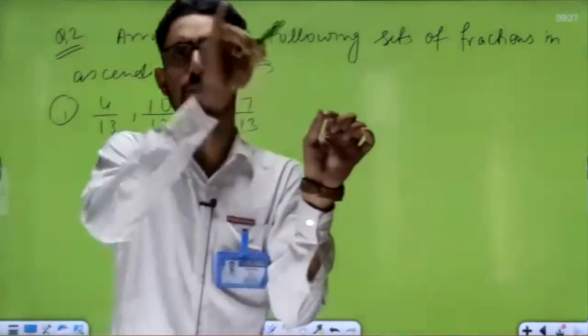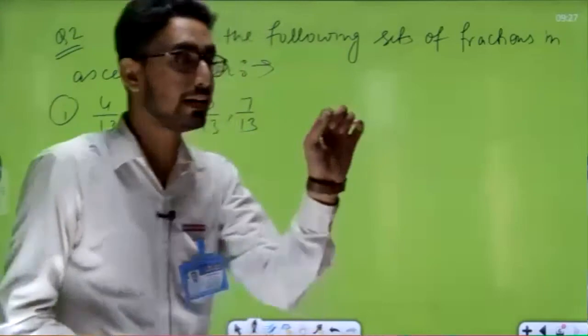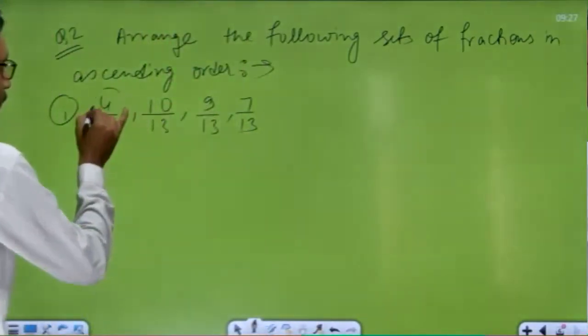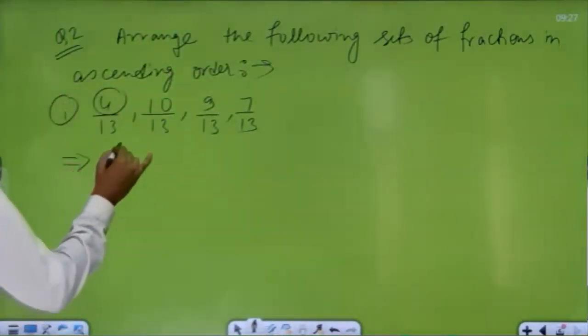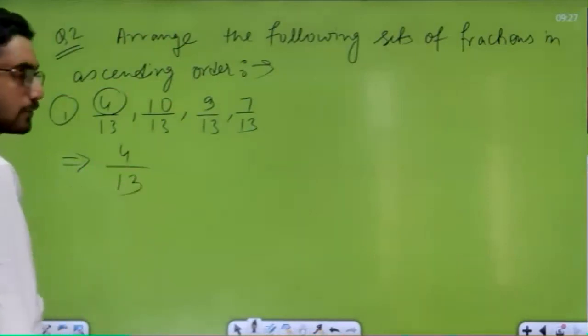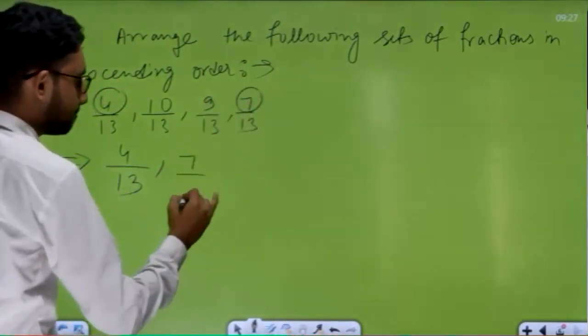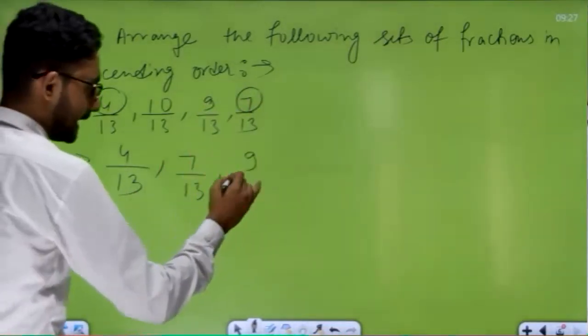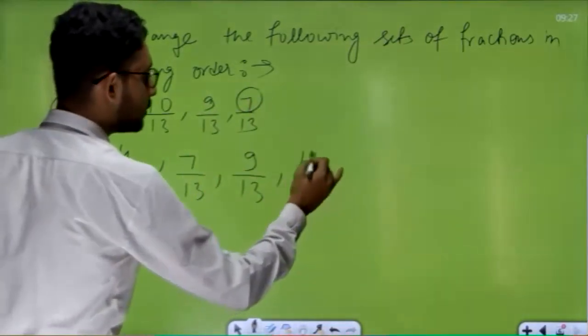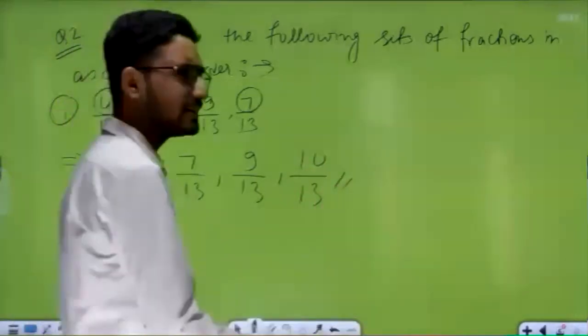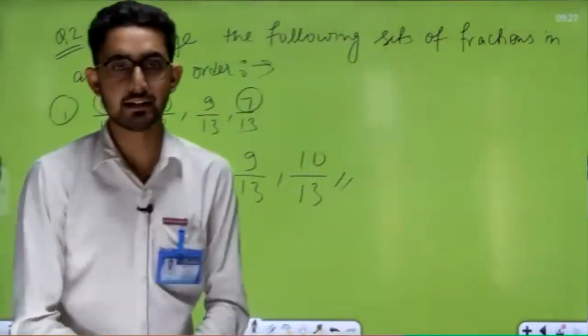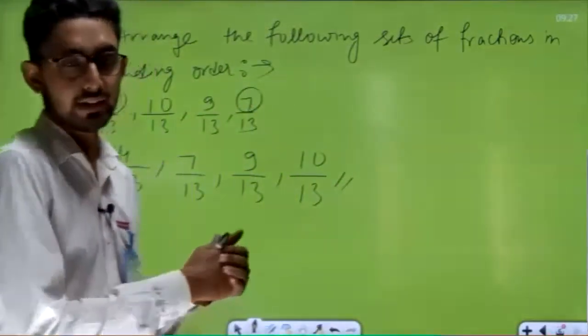What is the smaller number? We can say 4. So first write down 4 upon 13, then 7 upon 13, then 9 upon 13, and then 10 upon 13. So that is your complete answer. Very simple. All of you understood? Yes or no?